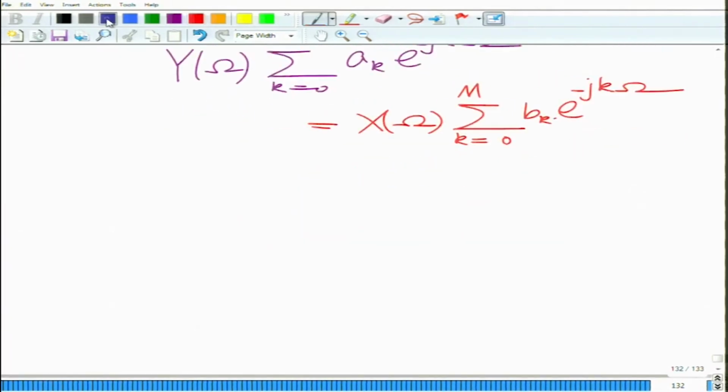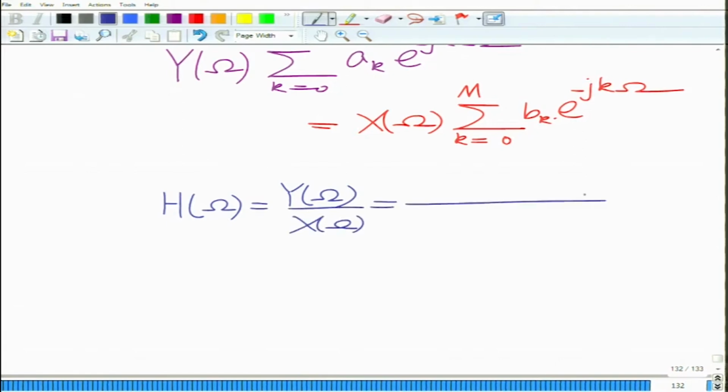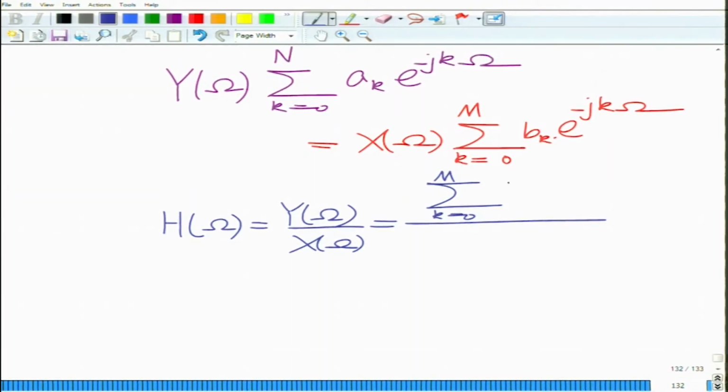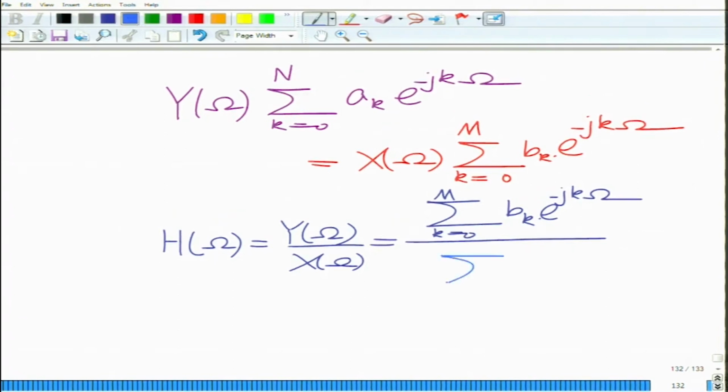Which means H of omega equals Y of omega by X of omega equals summation k equal to 0 to M b k e raised to minus j k omega divided by summation k equal to 0 to N a k e raised to minus j k omega.